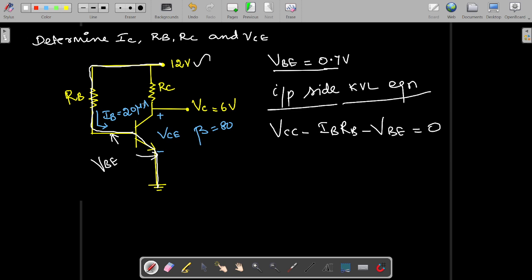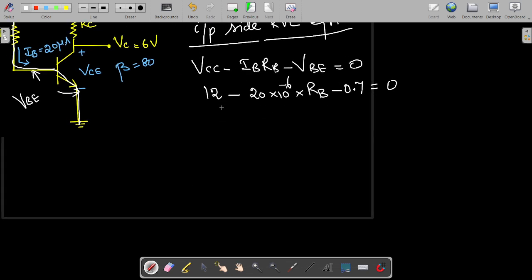as 0.7 volts. So in this particular equation, you can substitute the values like 12 minus IB value is given, it is 20 microamps, so 20 into 10 power minus 6, and RB value is not given, that is what we are going to find out. So RB, minus this VBE value we know, so that is equal to 0.